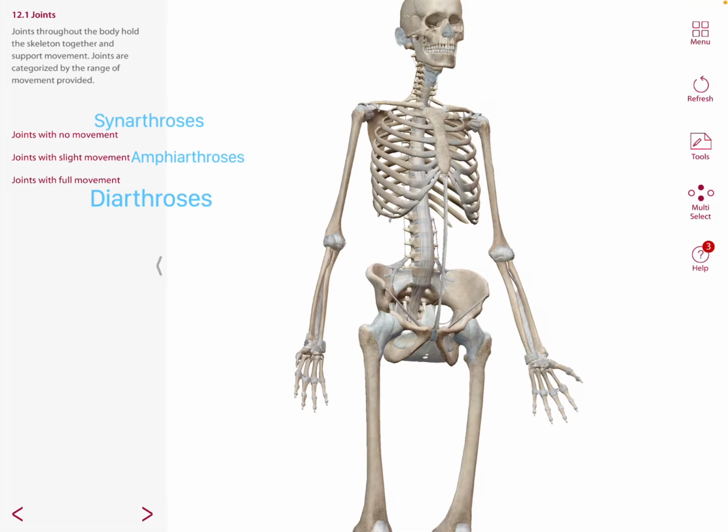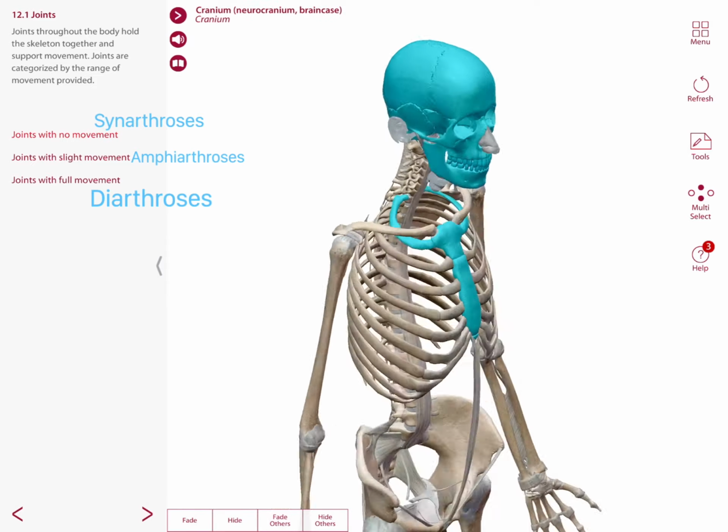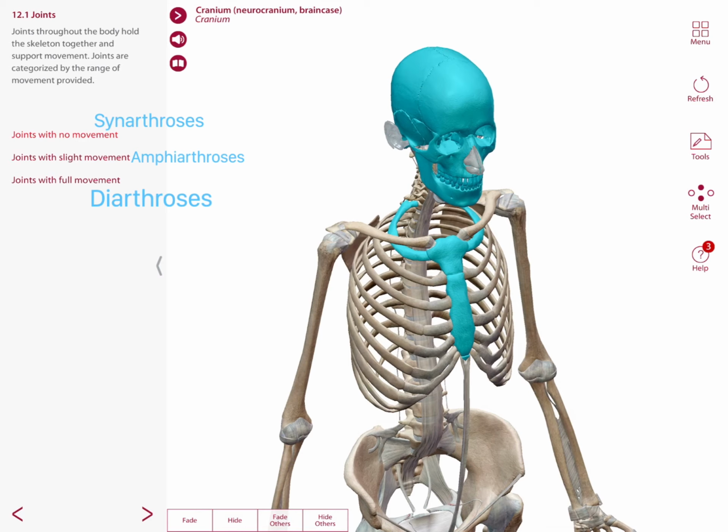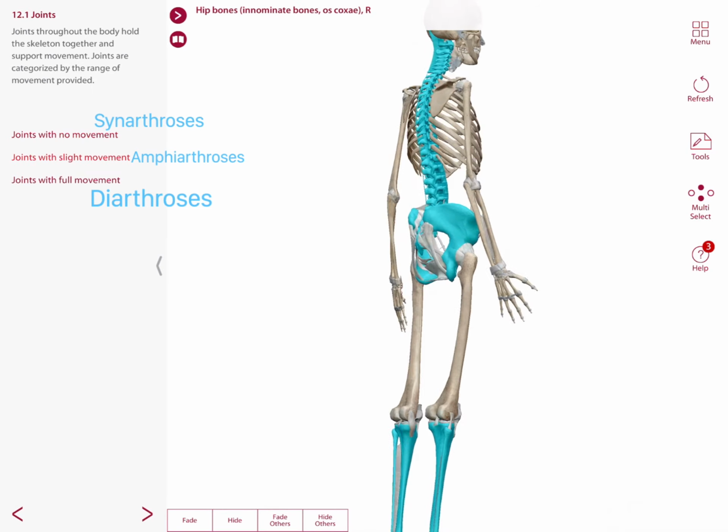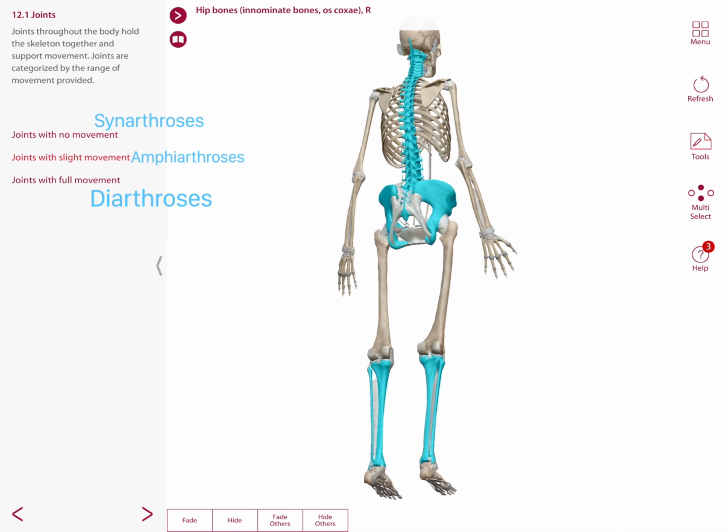So the joints throughout the body hold the skeleton together and support movement. These joints are categorized by the range of movement provided. For example, we have the synarthrosis, which allow no movement. For example, we have the sutures in the skull and the gomphoses on our teeth. The second type of classification is the amphiarthrosis, and these are joints that allow little movement.